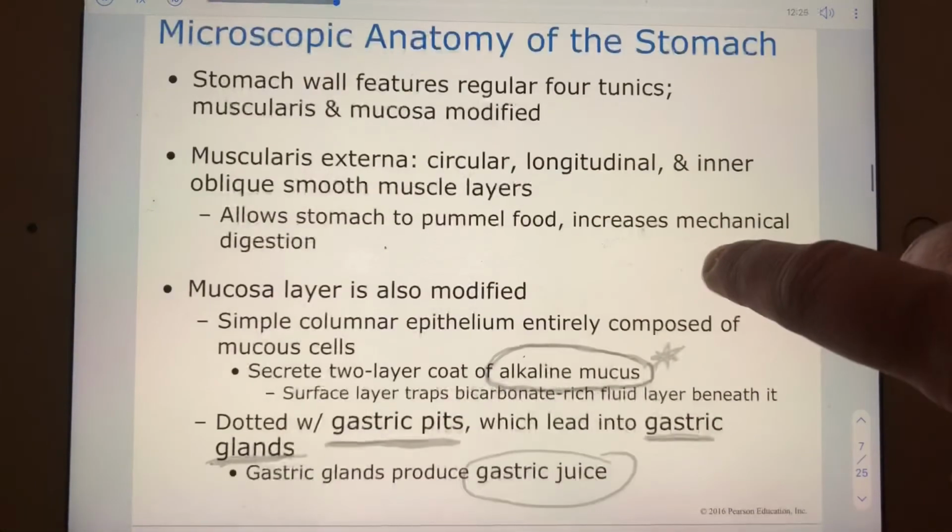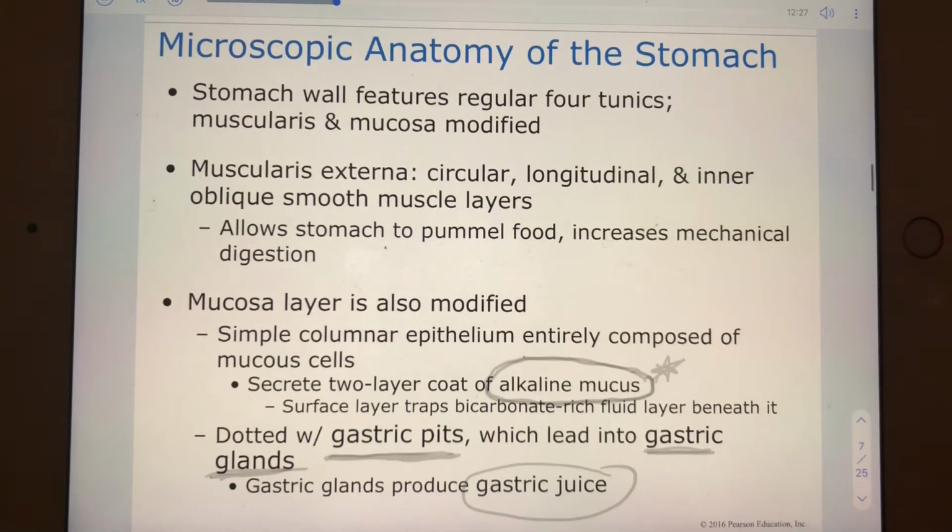And we are going to zoom way in on the mucosa of the stomach. And we'll see that this mucosa is very surprising. There's a lot going on here, and there's a lot to point out. And one of the things that really makes this mucosa look different is that it's interrupted regularly with little perforations that are called gastric pits. And gastric pits lead to gastric glands.